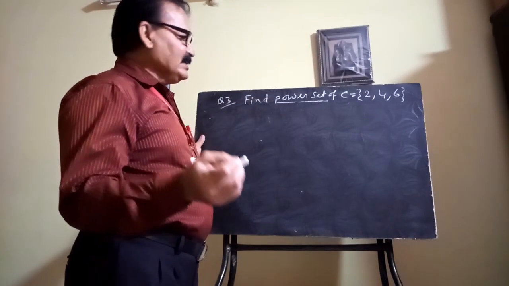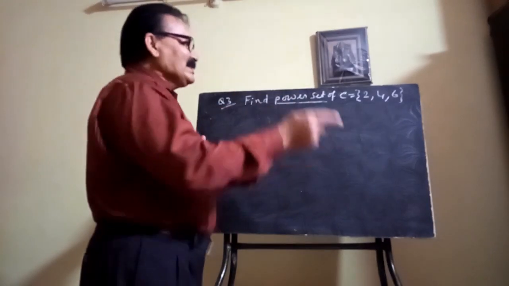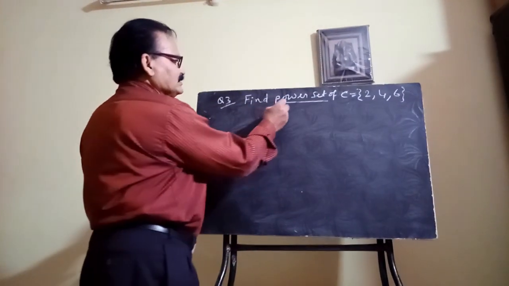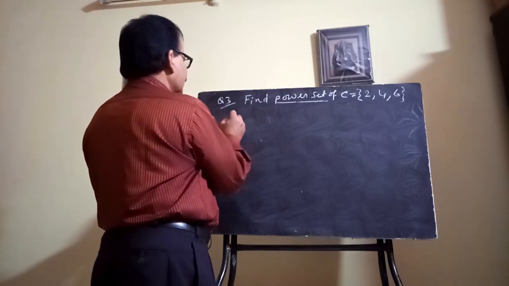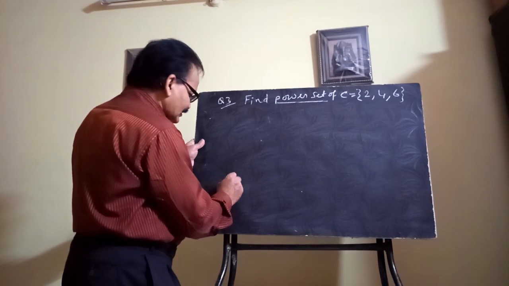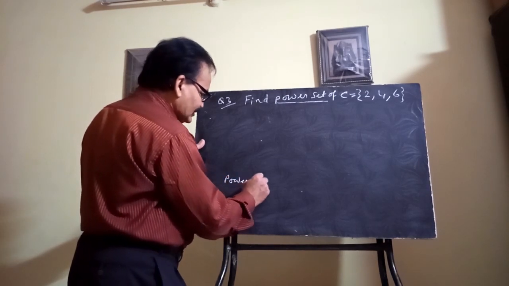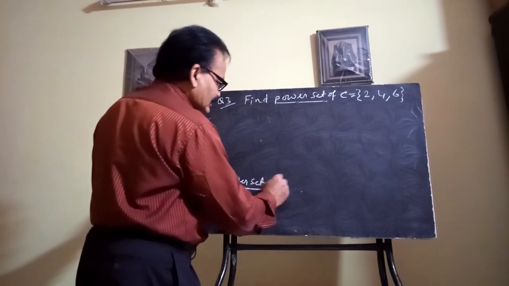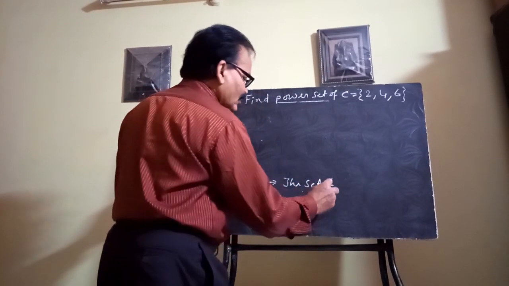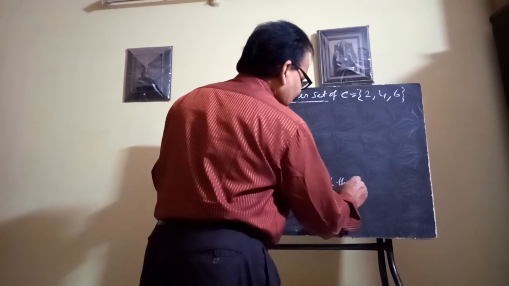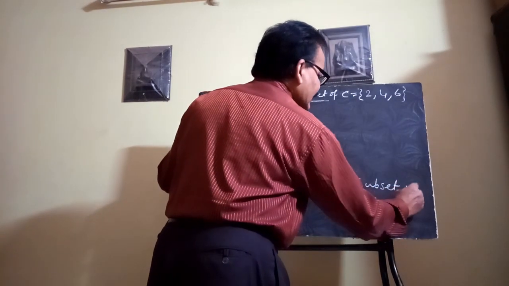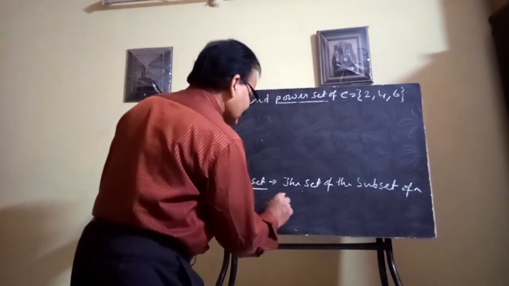Power set is the set of all the subsets of the given set. You might have remembered the definition of power set, so you have to keep it in mind. Power set means the set of the subsets of a given set.